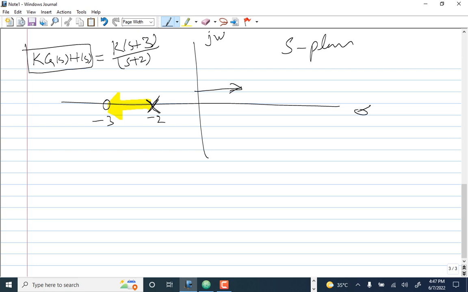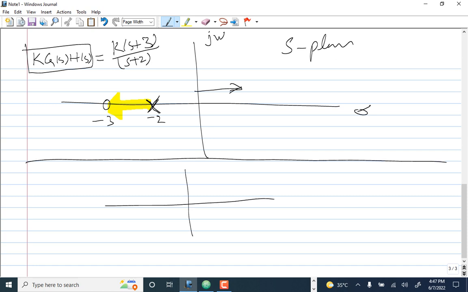So it's very easy to draw. Now let's consider another example. For example, if you have a pole here, another pole here, and a zero here, how does the root locus look? Because we know there's nothing here, the root locus will start from here till here.